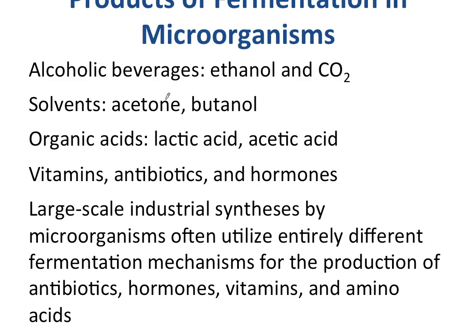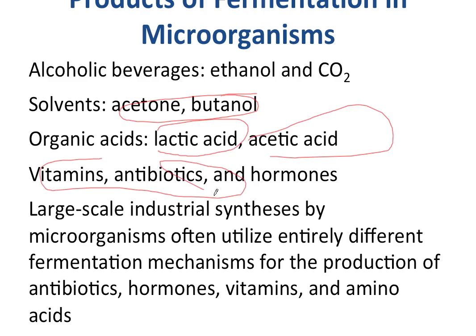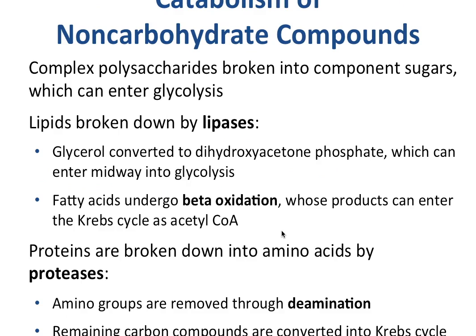We also use fermenters to make acetone and butanol, which are used as solvents, or organic acids like acetic acid, as in vinegar, and lactic acid, vitamins, antibiotics, and hormones. So we also use fermentation to make those.